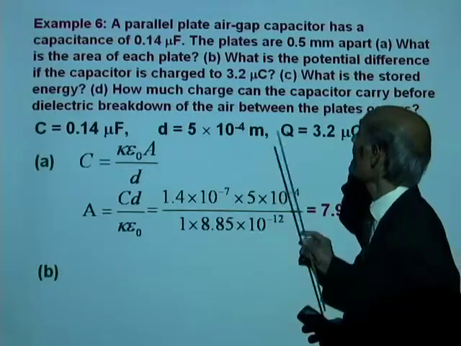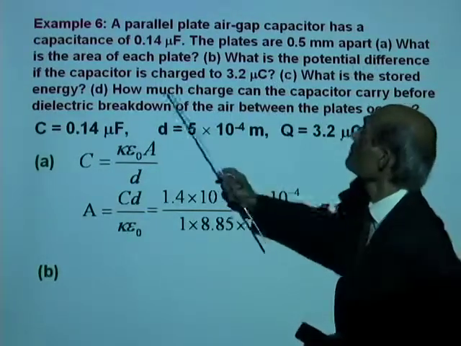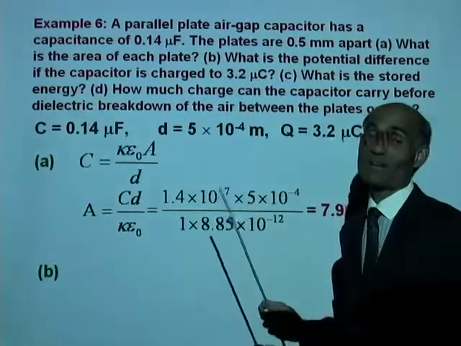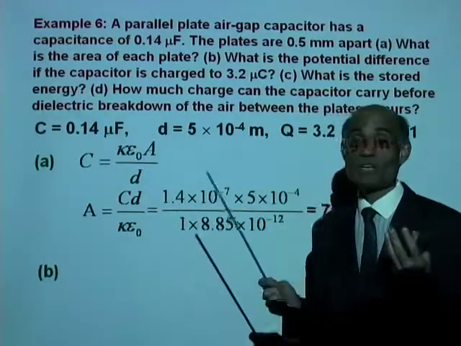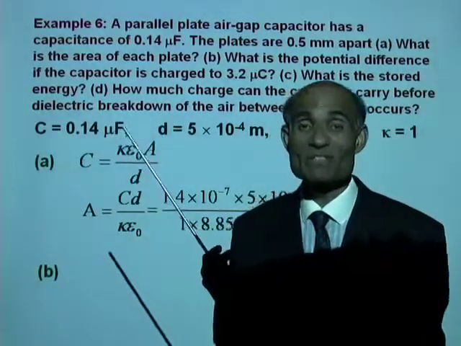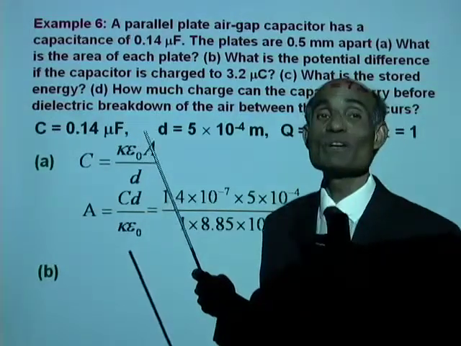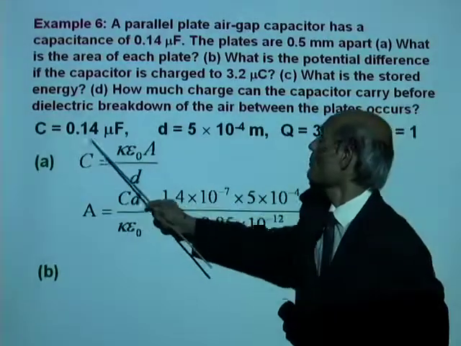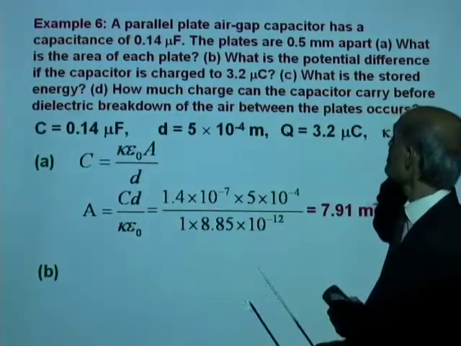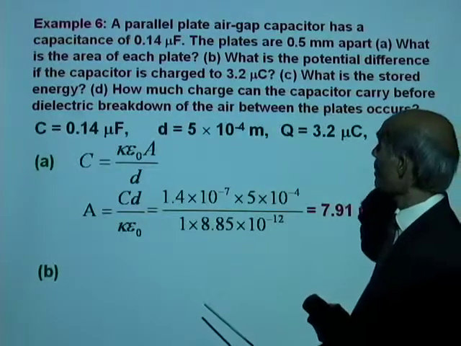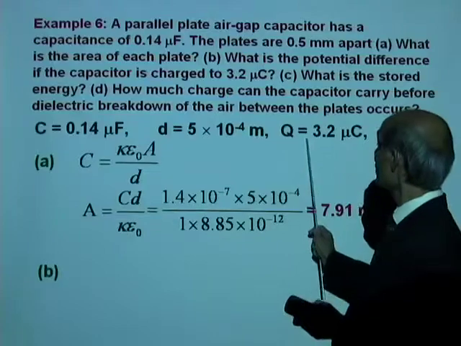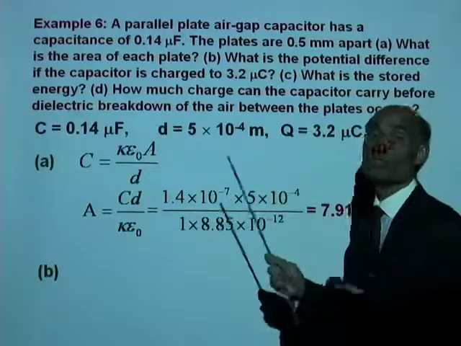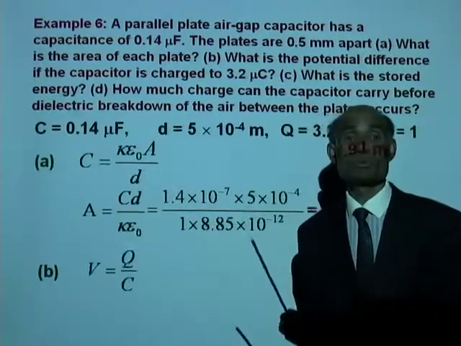B, what do we need to find? We need to find the potential difference if the capacitor is charged to discharge. Well, that's very simple because you have the basic definition of capacitance, C equal to Q over V. We know C, the capacitance, and we know the amount of charge, Q, therefore we can find V, the potential difference.